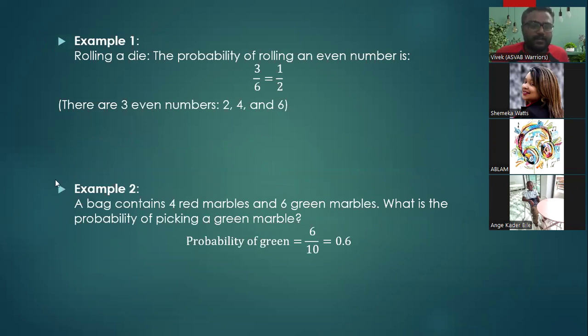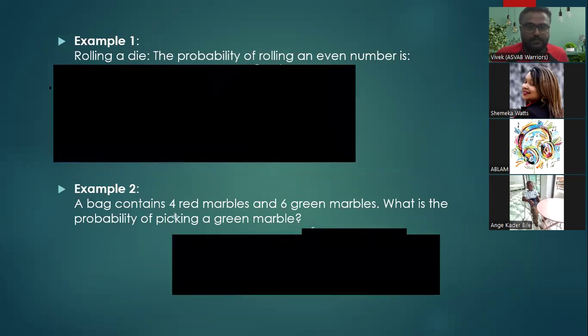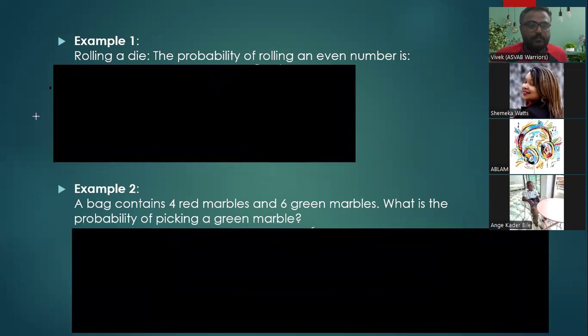Now, let's say I'll just hide this over here. Rolling a die. The probability of rolling an even number is. We already know the outcomes of a die are nothing but 1, 2, 3, 4, 5, and 6. Now, we need to understand what they are asking: probability of even number.